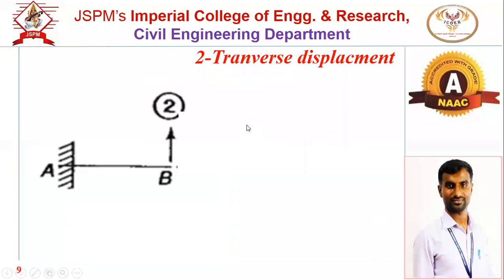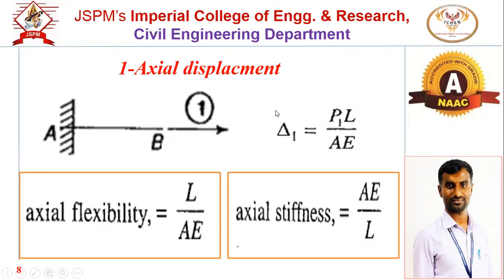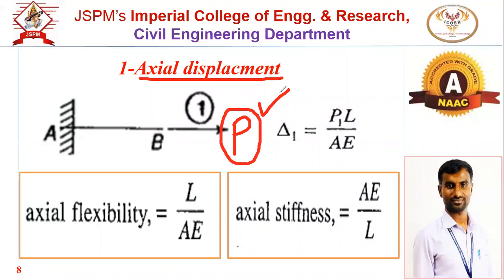Next will be transverse displacement. Now tell me under which condition we can observe the transverse displacement. Whereas we have concluded that axial displacement is seen when a member is subjected to the axial load.